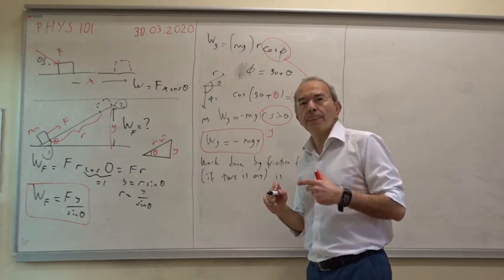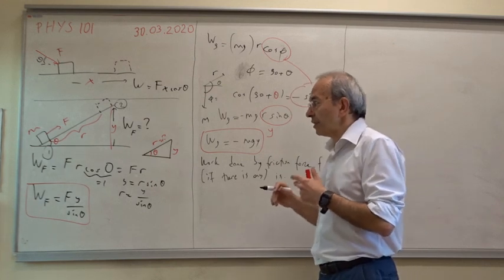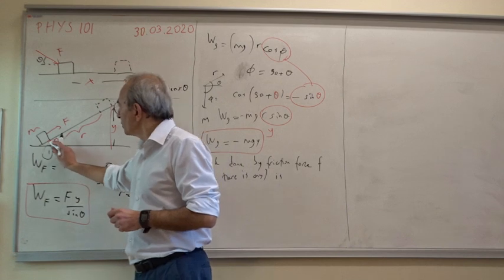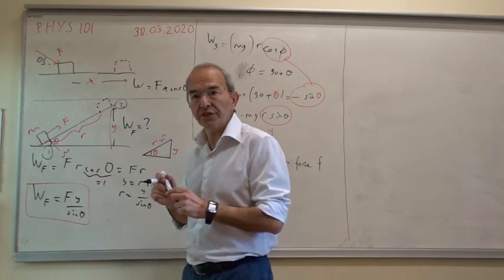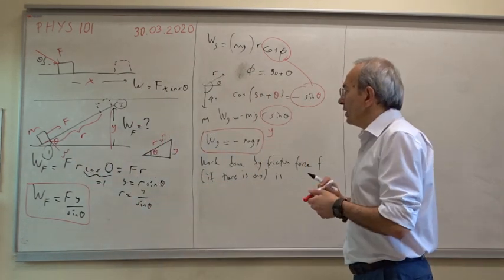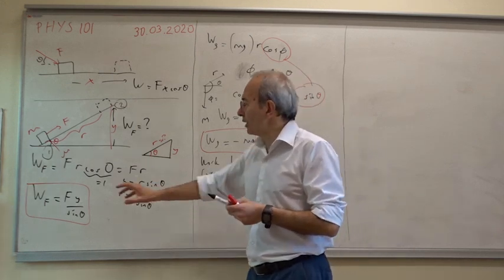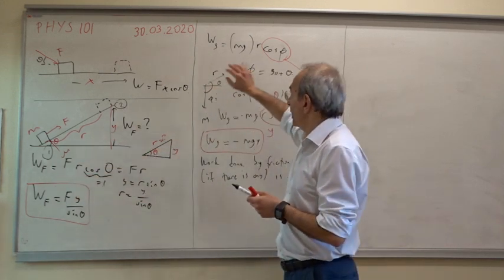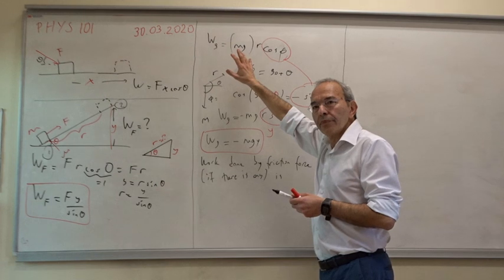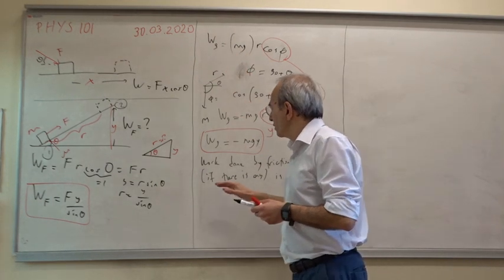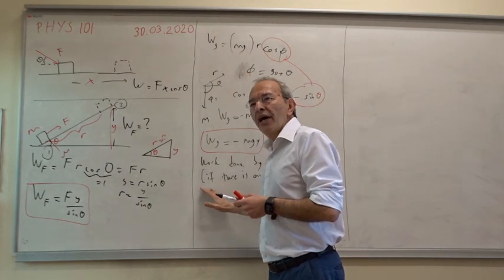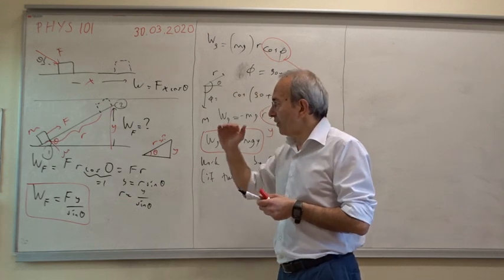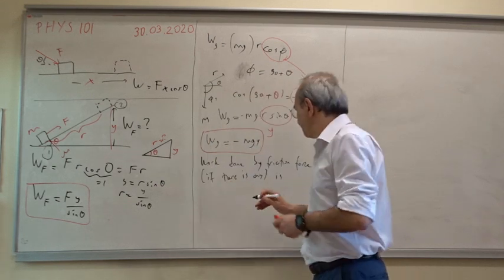Assume that there is now some friction between the block and this surface, some coefficient mu is given. In this case, in addition to the work done by our force and the work done by gravity, we will also have some work done by the friction force between the block and the inclined plane.